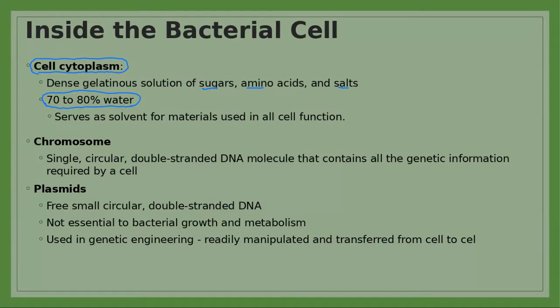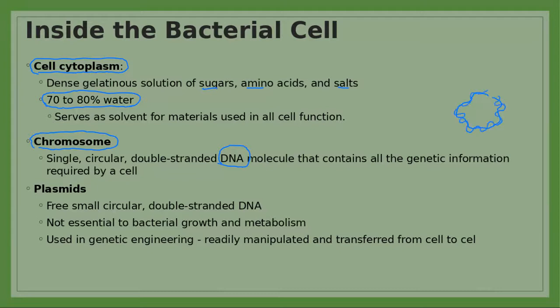And then chromosomes. A chromosome is the one that carries the genetic material, which is the DNA. So the chromosome of bacteria is a single, kind of circular chromosome with double helix DNA.